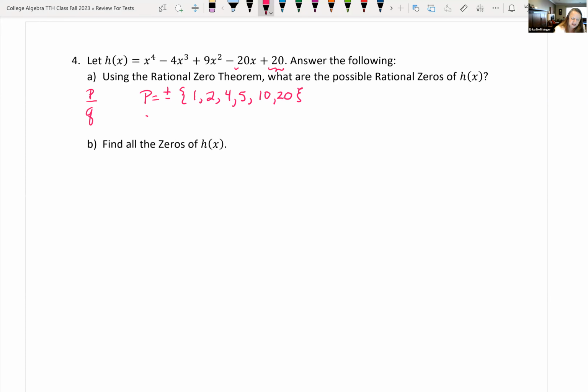So now looking at our q values, q is factors of our leading coefficient, in this case 1. So we have positive and negative 1. It's nice when q is 1 because when we look at p divided by q, you're just dividing every number in p by positive and negative 1, which would just give us back what p is.